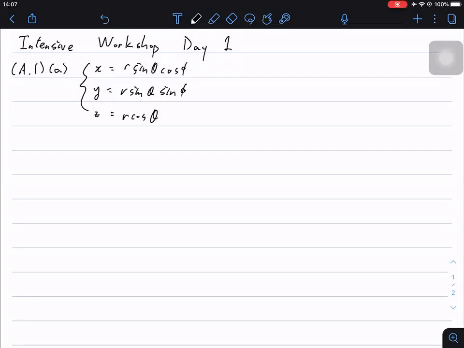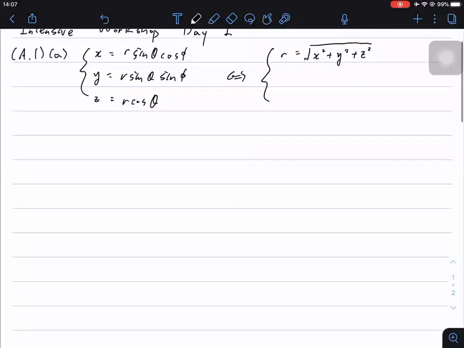And also the inverse relations, you can easily work these out. Square root, and we have tangent theta equals square root of x squared plus y squared over z, and also y over x.